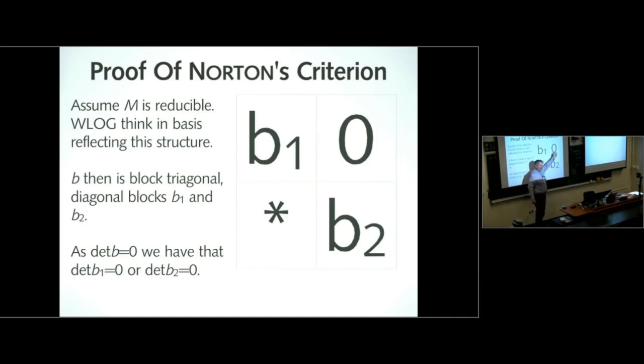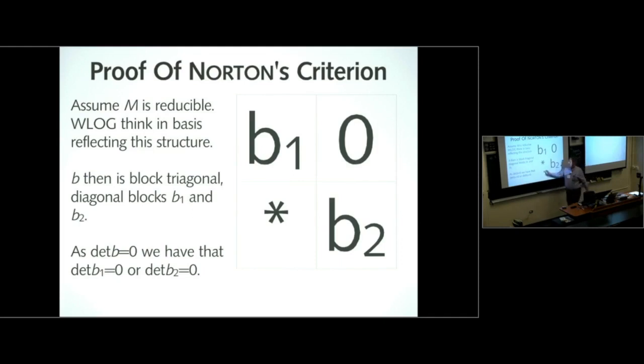If you like, I'm acting on row vectors by right multiplication. If you prefer acting on column vectors with left multiplication, your zero would be here, but then the same proof works. Just with transpose. So, we will have this form, and I've written the element B, which was this particular element, in this basis.